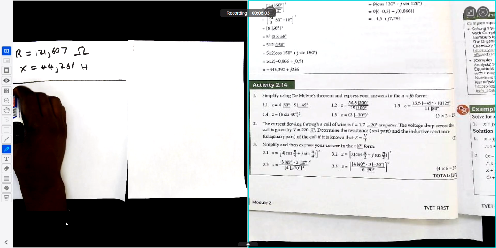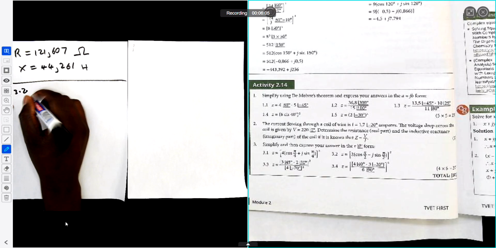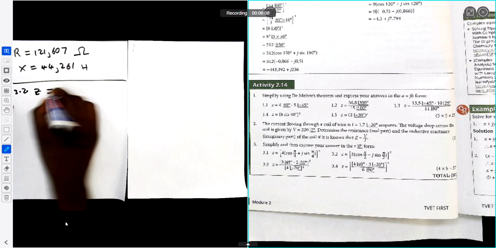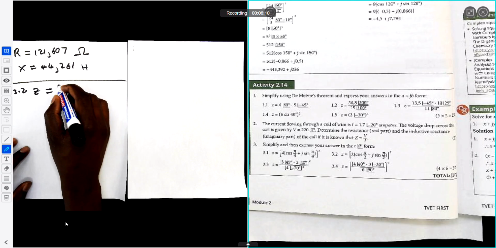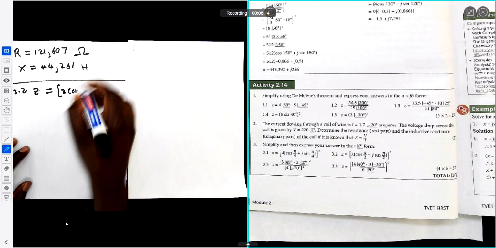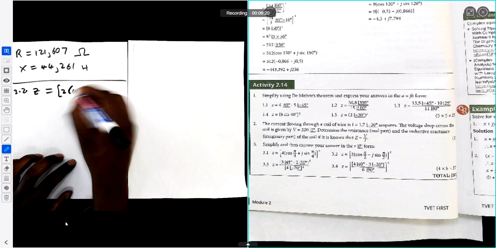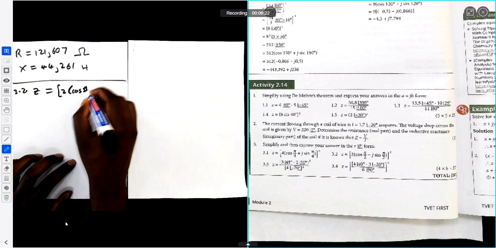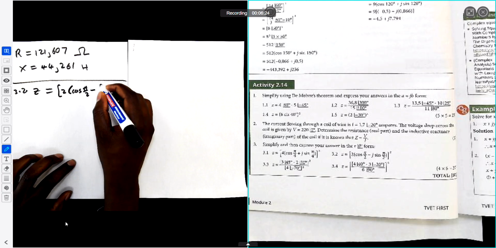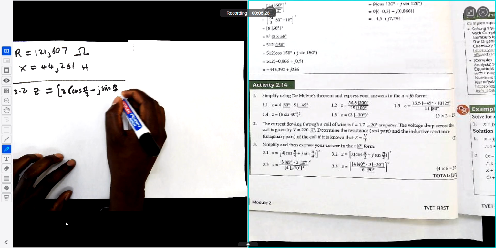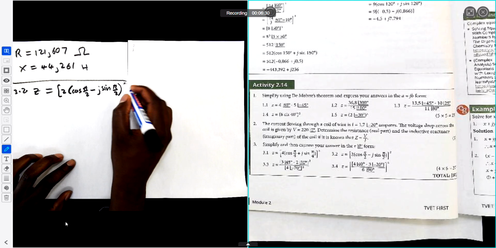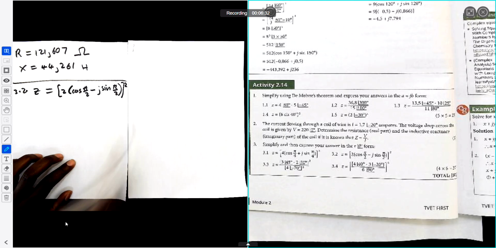Let's say maybe we take 3.2, where we have z, which is equal to, in a square bracket, cosine pi over 2 minus j sine pi over 2, then close square bracket to the power of 2.